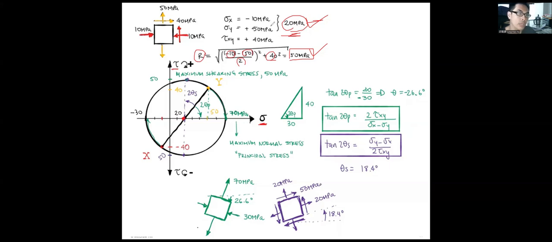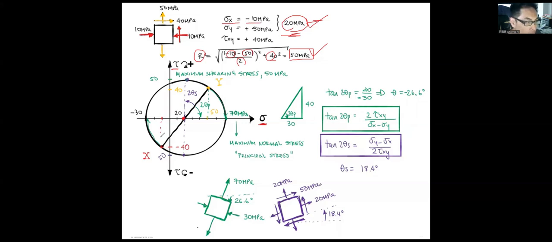Then we can decide the points of the stress condition on this Mohr circle. For example, we have sigma x equal to minus 10, so I have to find where minus 10 is right here.